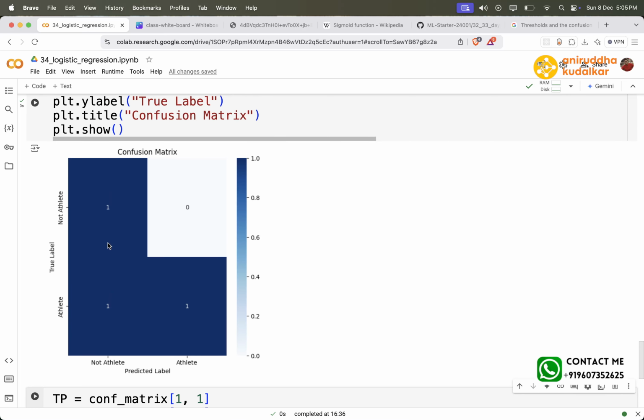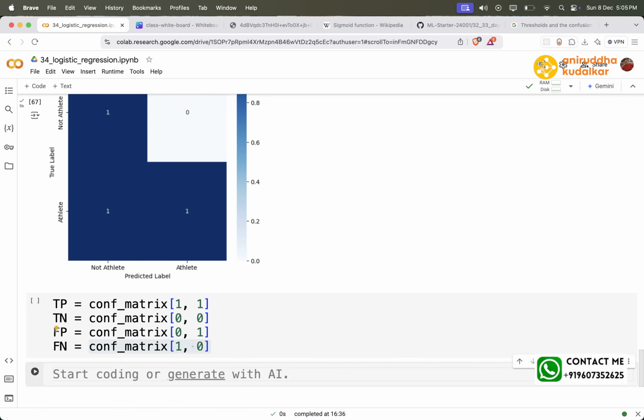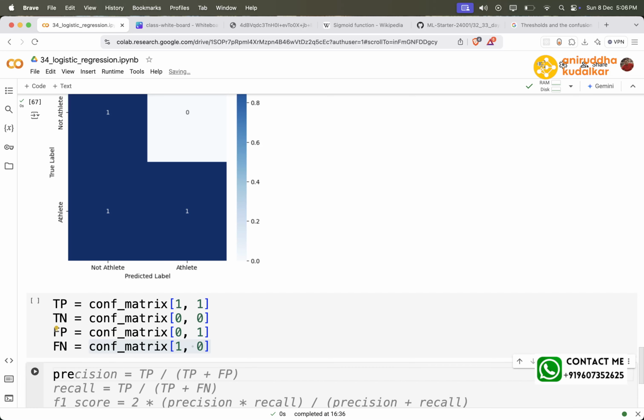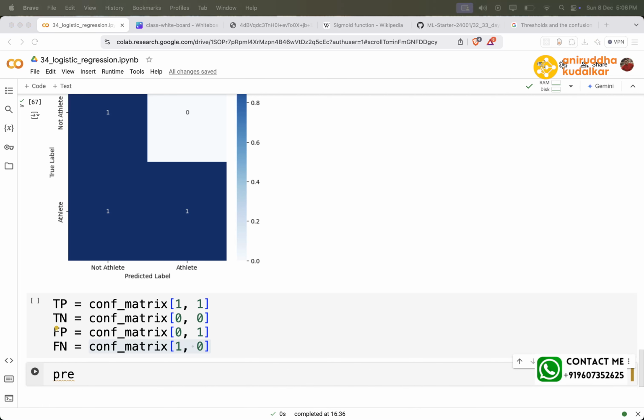This one, the confusion matrix. From the confusion matrix, we will add a few accuracy related measures. So precision. What is the precision?